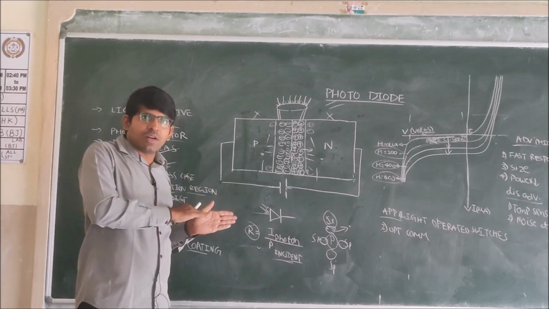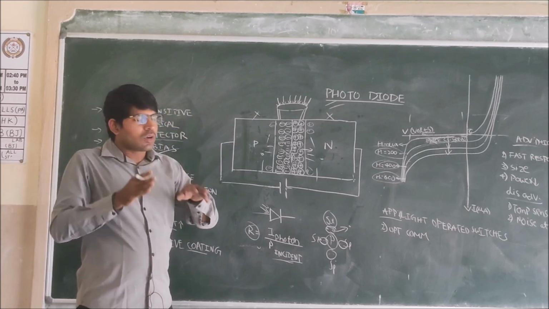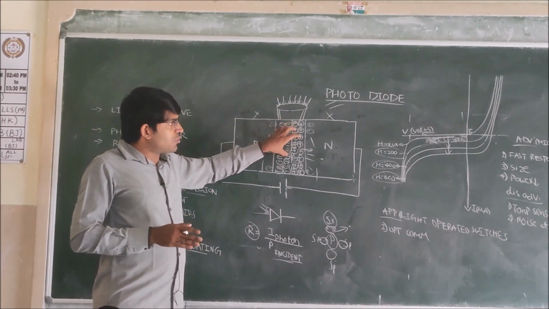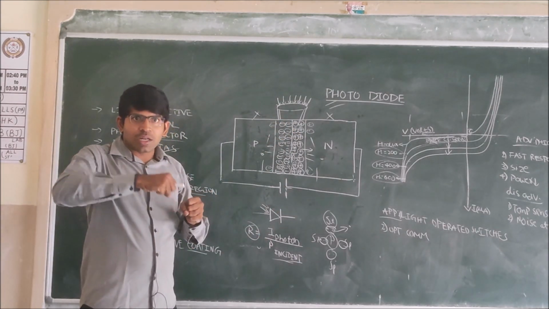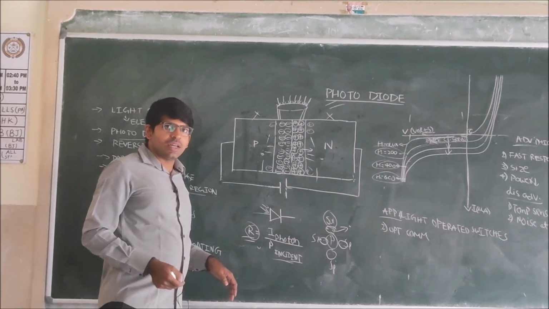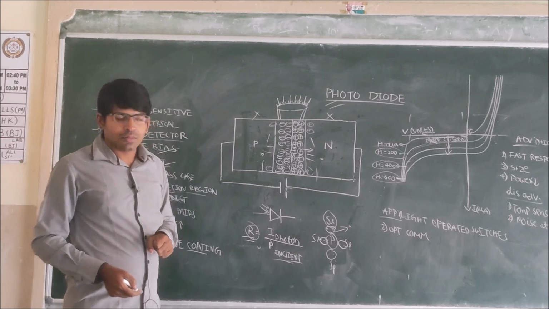If all the photons are incident on this area, then by taking these photons, the electrons are coming out from the covalent bond. The more responsivity indicates that there is a chance of more light falling on this.